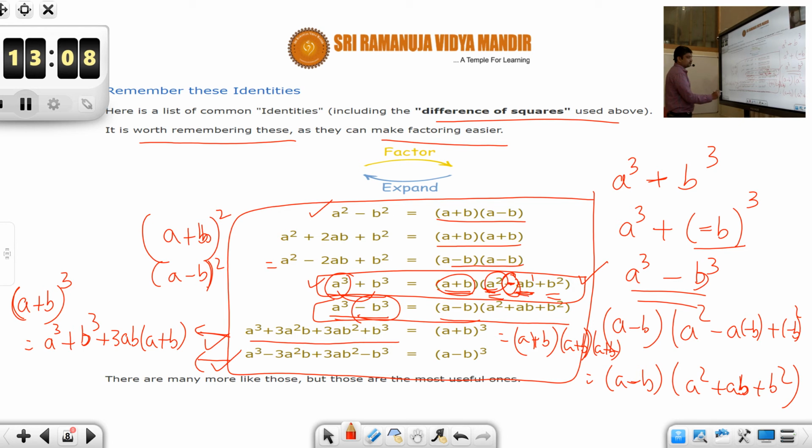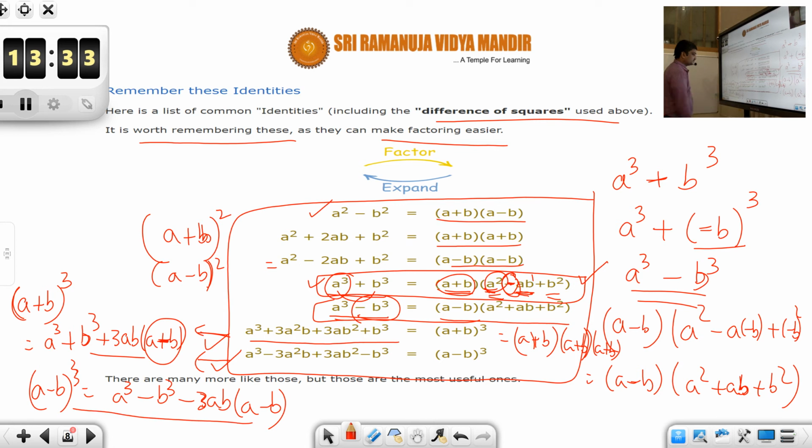Similarly, a minus b whole cube we can write as a cube minus b cube minus 3ab times a minus b. Because sometimes in the question they will give you directly the value of a plus b. So in those cases, this formula would help you.